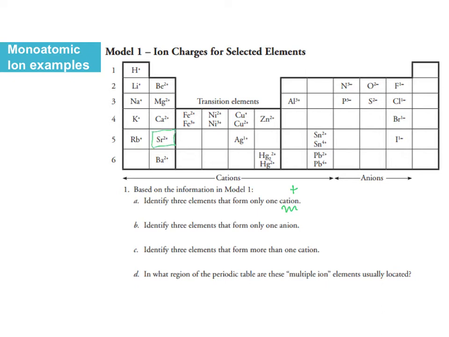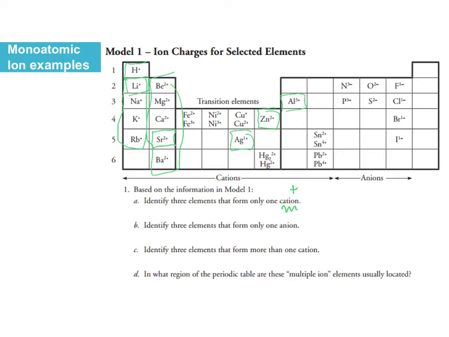Strontium is an example. Aluminum is an example. So is lithium. Can you list some more? So everything here, here, and then a couple in the middle form only one possible cation.